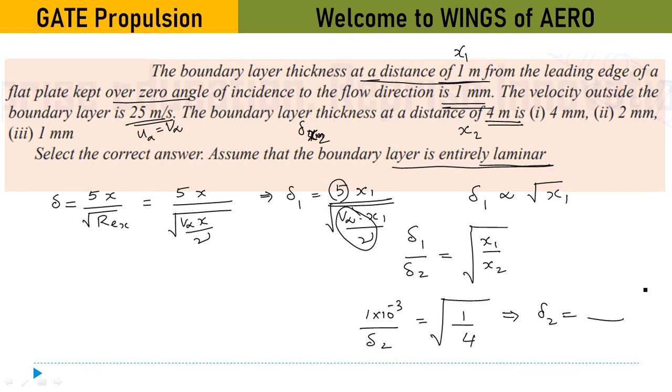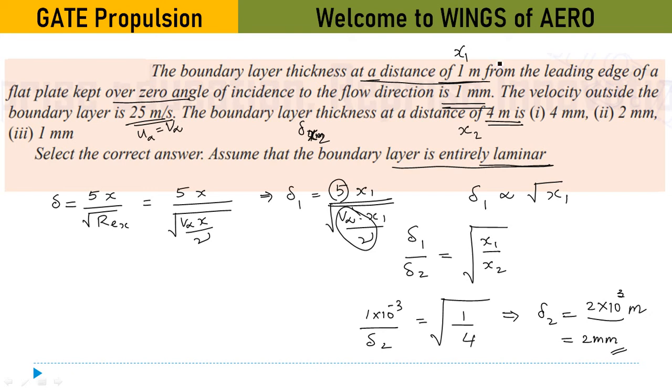Okay. Now let's solve some more problems. See, this kind of problem is also very common. If x is a distance measured from the leading edge of a flat plate, then the laminar boundary layer thickness varies as what? Just now I have shown you how the boundary layer thickness varies with the distance, right? The same concept has been applied. They have given a couple of options.